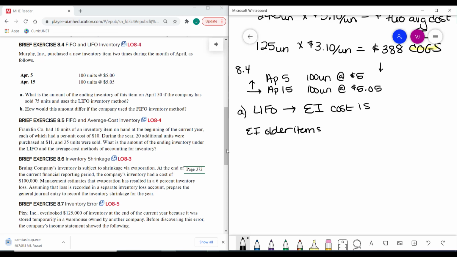So we can see how many units do they have available here. 200 units available minus the 75 units that they sold would mean that there are 125 units in ending inventory. So we want to know what the cost is of that ending inventory. So we'd start at the top and work our way down.